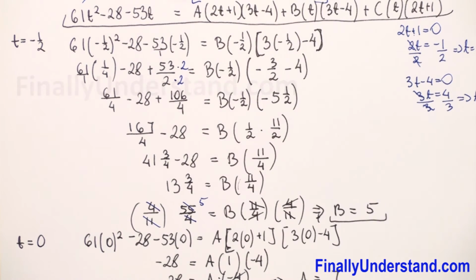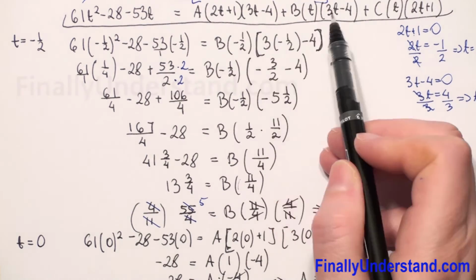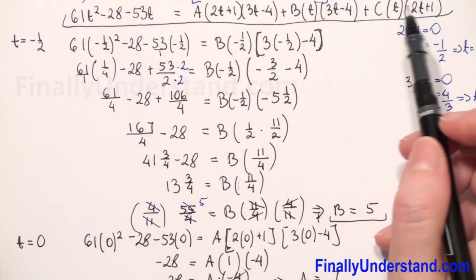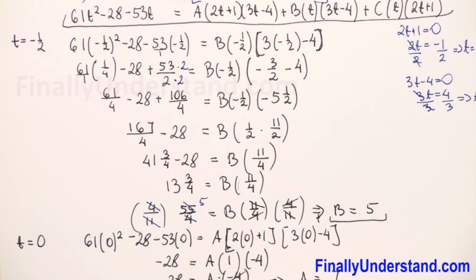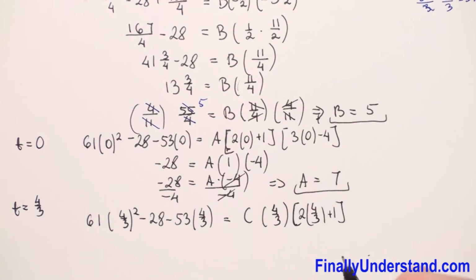This is equal, like I said, the first and the second term will reduce, give me 0. So I have only c times 4 over 3 times 2 times 4 over 3 plus 1. So we have to solve this equation for c.